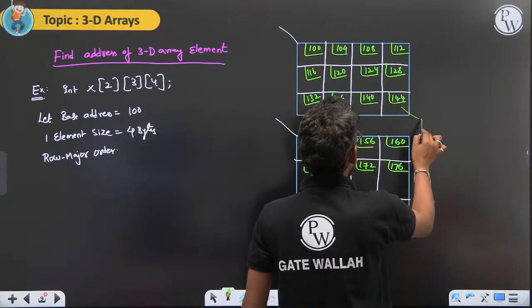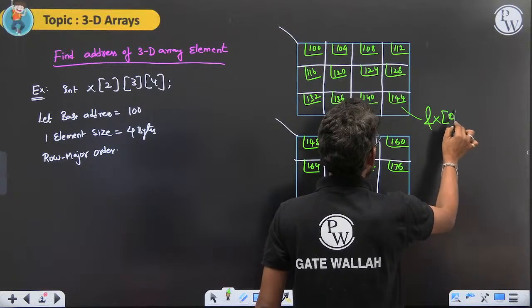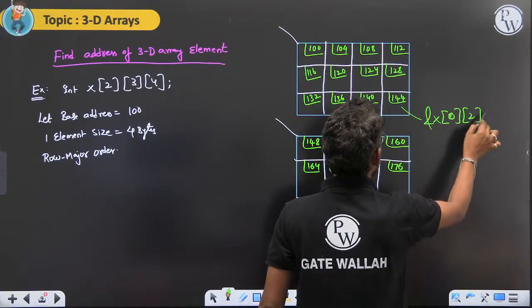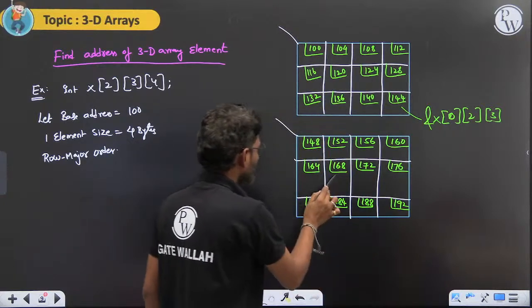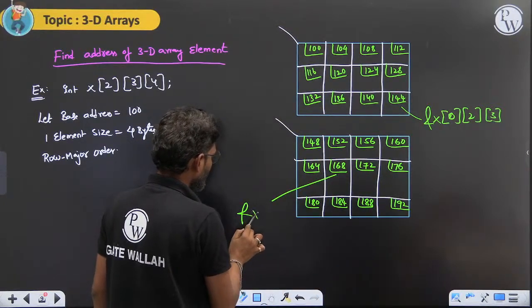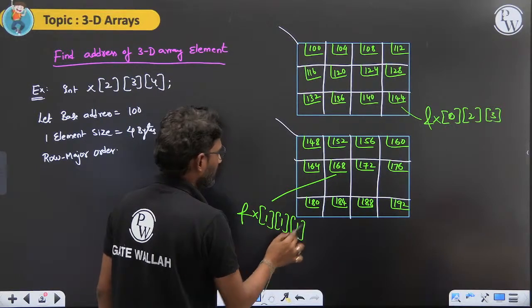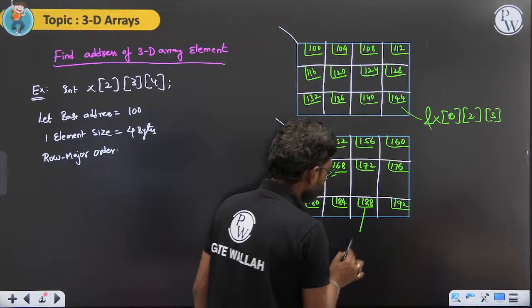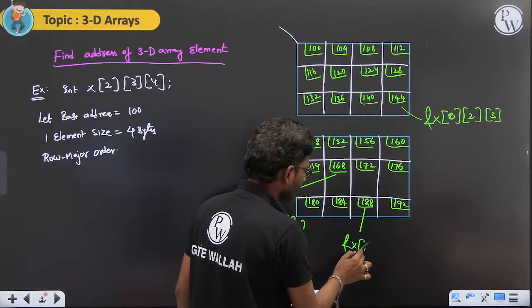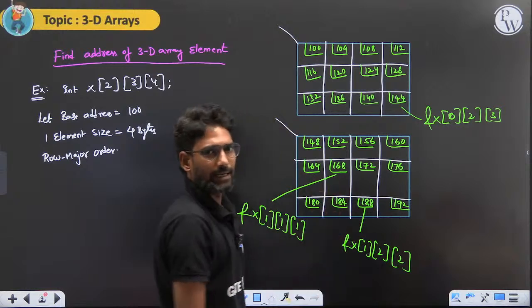So, I am looking for address of x of 0, 2, 3, 144. Address of x of 1, 1, 1, 168. Address of x of 1, 2, 2, 188.